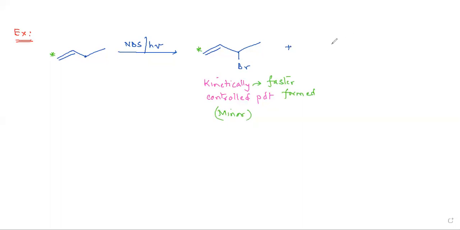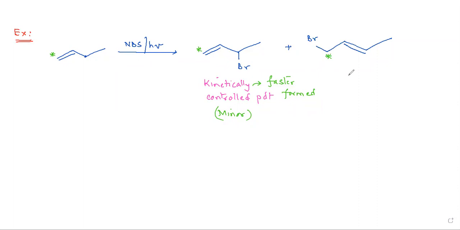Now coming to something formed after rearrangement. Right. Now this is where it goes, and you get a bromine here, with the labeled carbon at the same position.